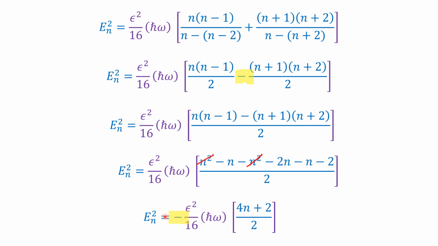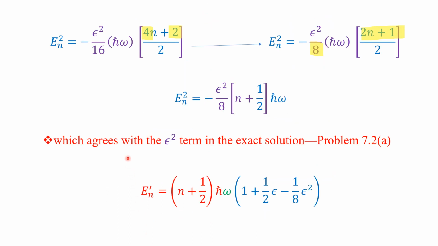So you will get the second order energy correction E n 2 is equal to minus epsilon squared divided by 16 h cross omega times 4n plus 2 divided by 2. So for the second order correction, we got this one. Here you can see 4n plus 2.